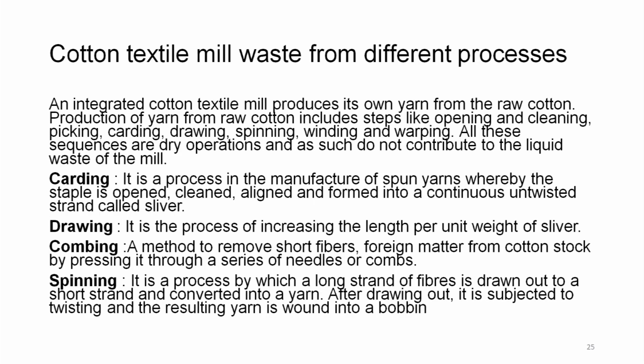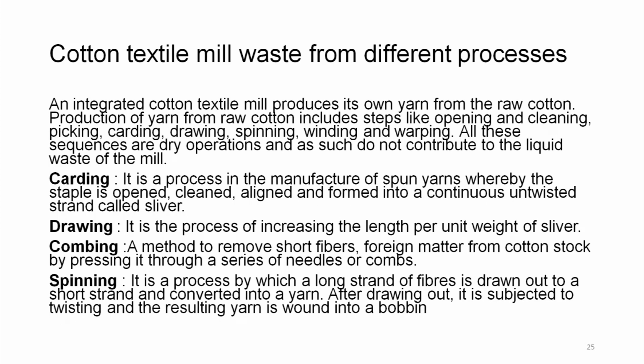Carding is a process in the manufacture of spun yarn, whereby the staple is opened, cleaned, aligned and formed into a continuous untwisted strand called sliver. Drawing is the process of increasing the length per unit weight of the sliver.